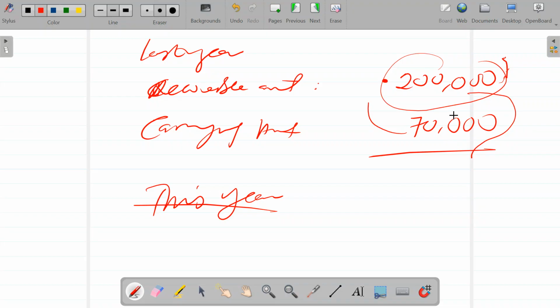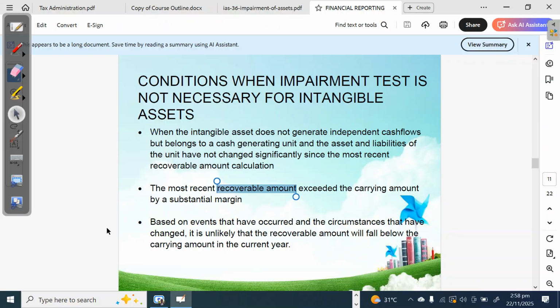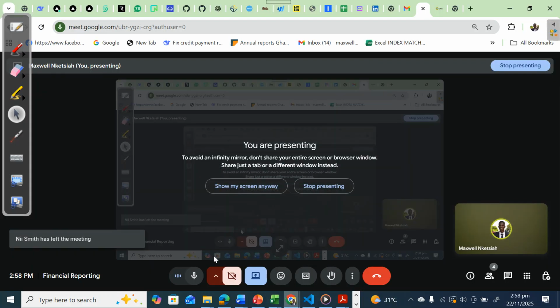Even if you do, maybe you have to wait for some time for conditions to change before you can test for impairment. Because testing for impairment also comes with cost, because you need professionals to come and look at the assets and value them.